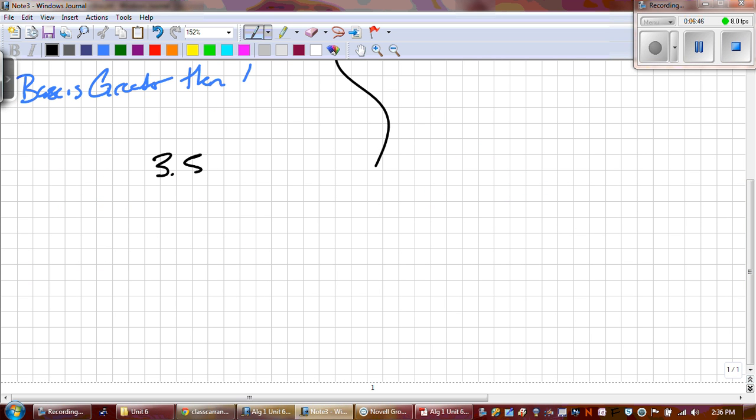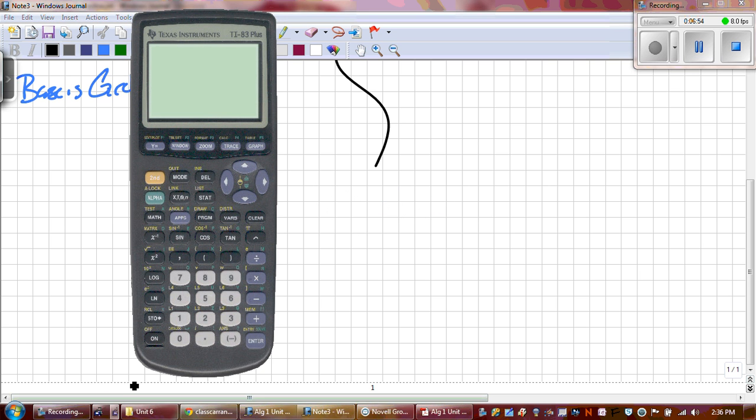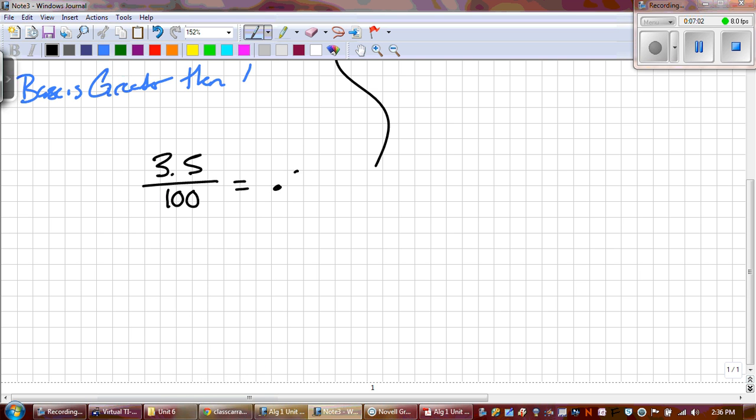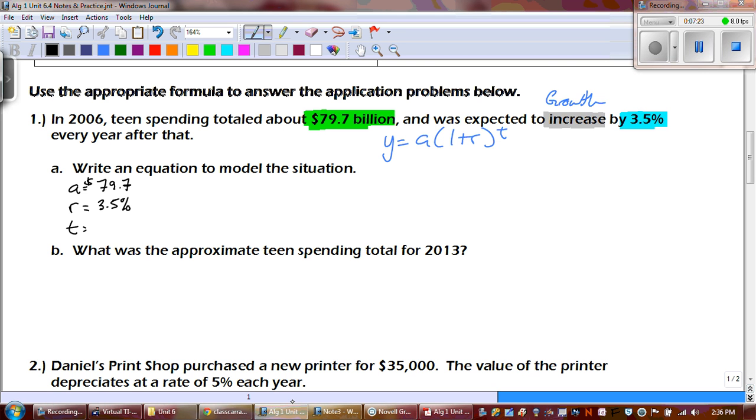You can take 3.5 and divide it by 100, and you'll get your answer right away. Okay, so I'll do that with you guys. 3.5 divided by 100, and we get 0.035. Or, if you know dividing by 100, you're really moving the decimal 2 places, and you add a 0, and then you get 0.035. So whatever way helps you to remember, that's what you need to do.